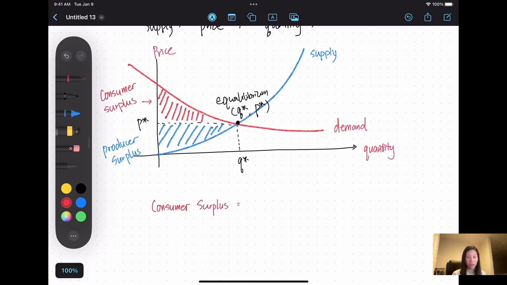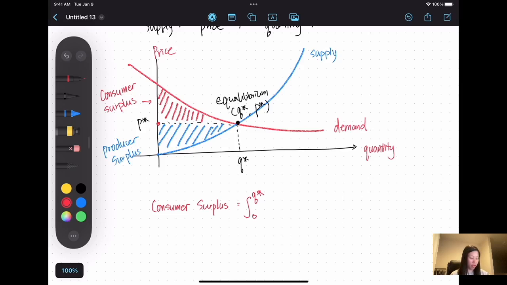So this area, if we want to find an area, we need to use an integral. So the integral is bounded by what? From 0, this point, to Q star, right? 0 to Q star. And by the previous video, we talked about that. How do I find the area between two lines?